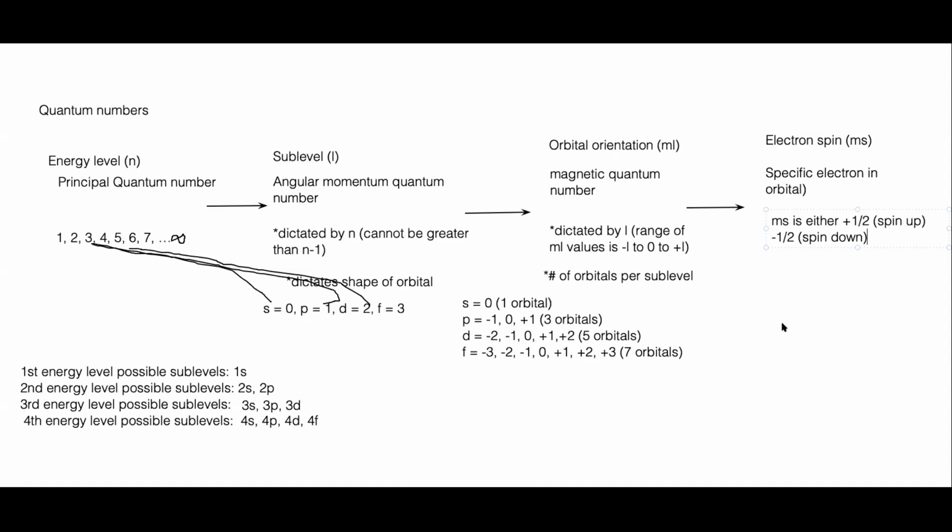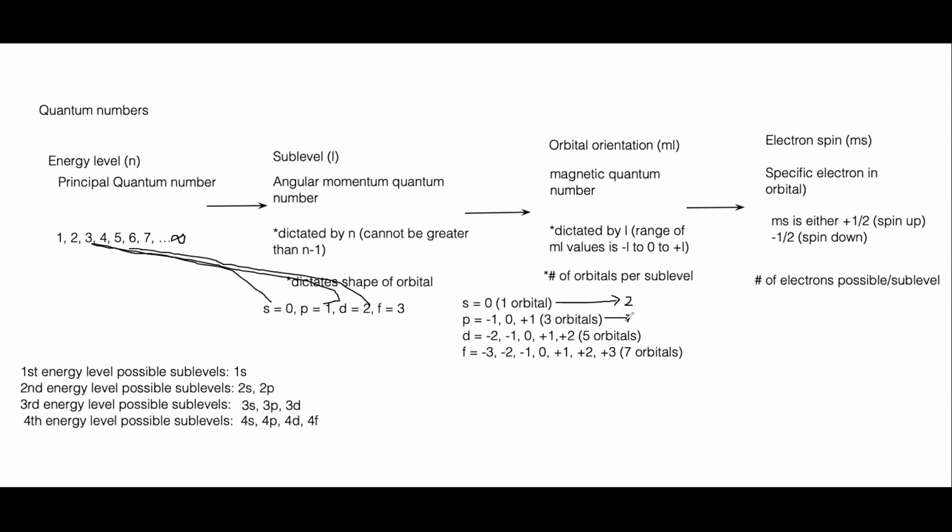And so what this gives us ultimately is the number of electrons possible per sublevel. So taking our cues from the previous, there's a possibility of 2 electrons in the s sublevel.